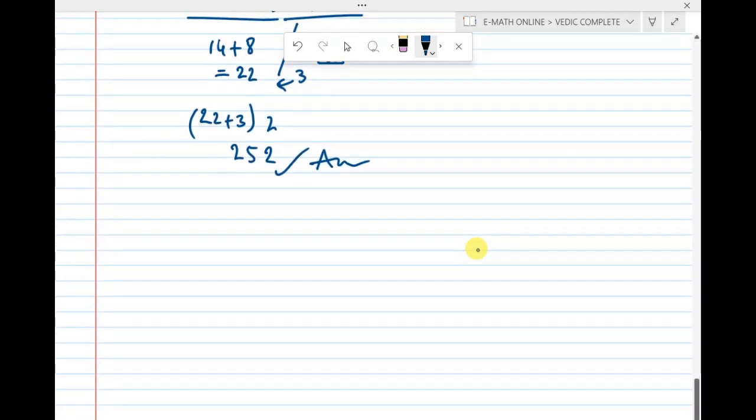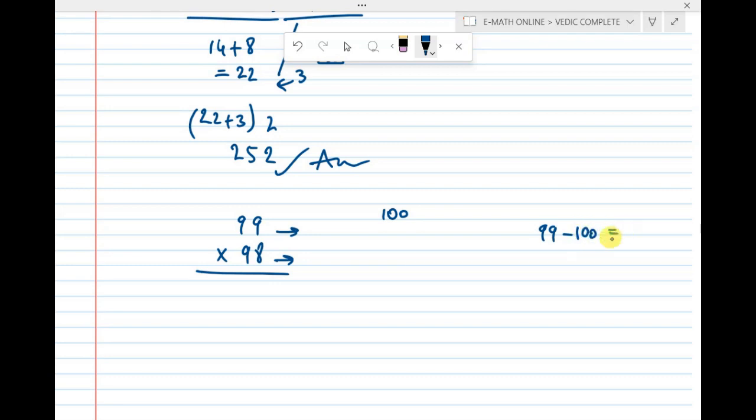Understood? Okay, now we will do one more example. Let us consider 99 into 98. They are very close to 100, so the base will be 100. How much close they are, that is called the deviation. First write 99 minus the base value, which is minus 1, and take the next number minus the base value.